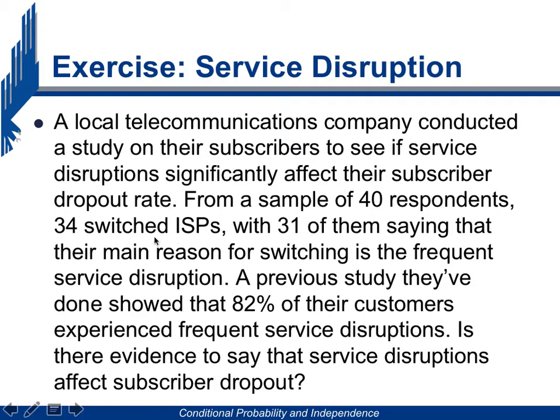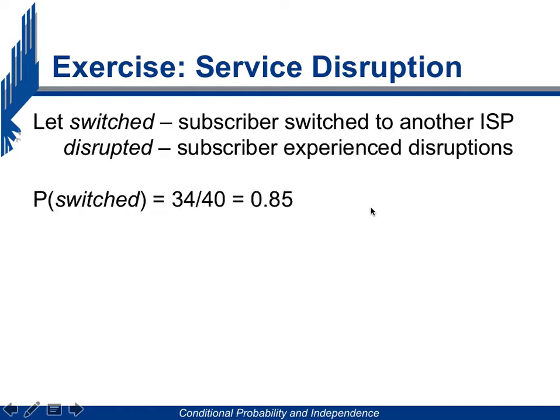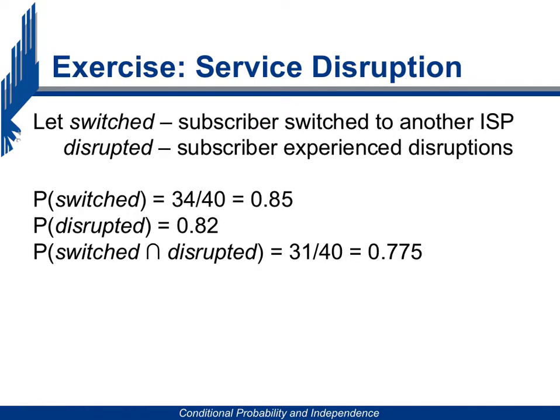Now, among the 34, 31 of them switched because of frequent service disruptions, meaning these 31 experienced switching and frequent service disruptions at the same time. So 31 is part of two groups or two events. Therefore, if you divide 31 by 40, you will get the probability of the intersection of the two events. That's 31 over 40 or 0.775.